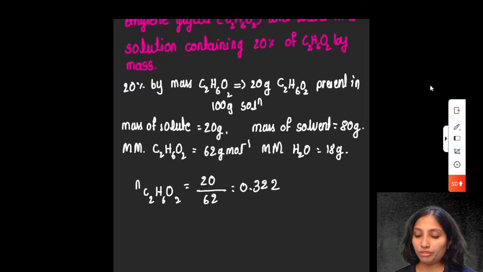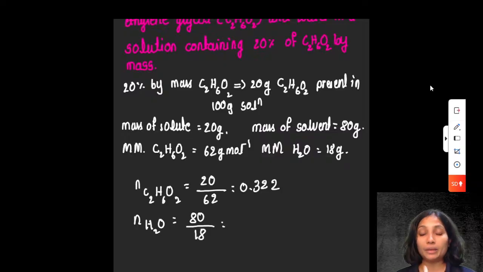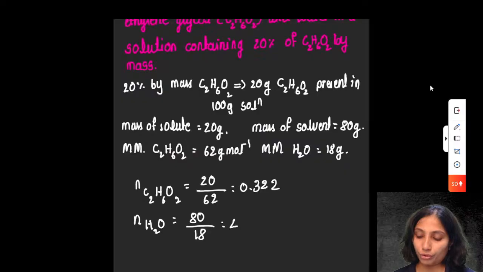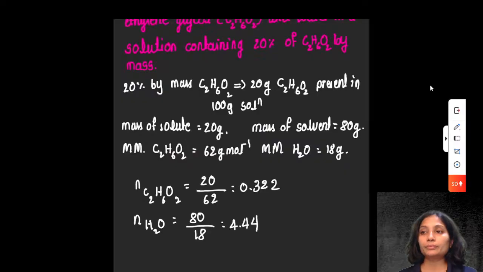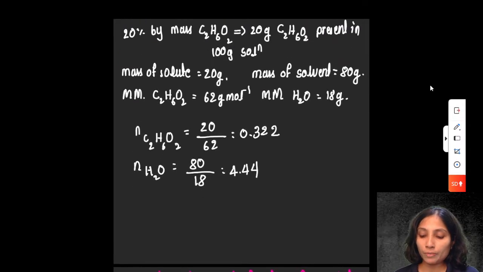And what about the number of moles of water, H2O? 80 divided by 18, mass by molecular mass. 80 divided by 18 is 4.44. Now we got the number of moles. It's very easy to calculate mole fraction now.